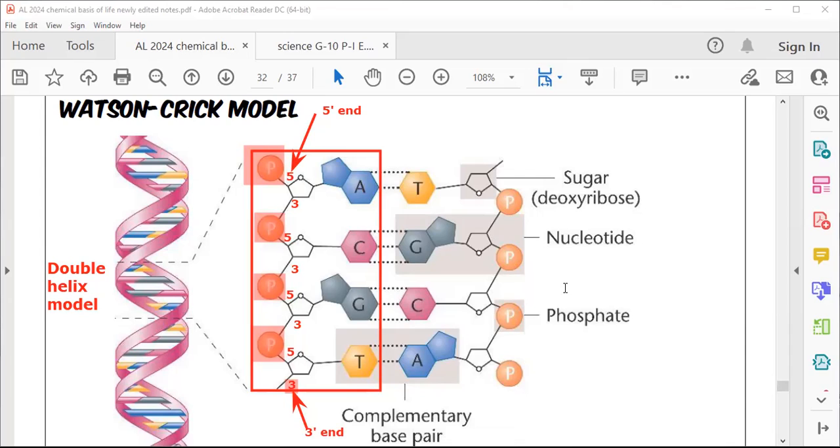The fifth carbon stays without making a phosphodiester bond. That is one end. The opposite end will be the 3' end. What is the meaning? The third carbon stays without making a phosphodiester bond. Clear? Yes, sir. Please mark the details.